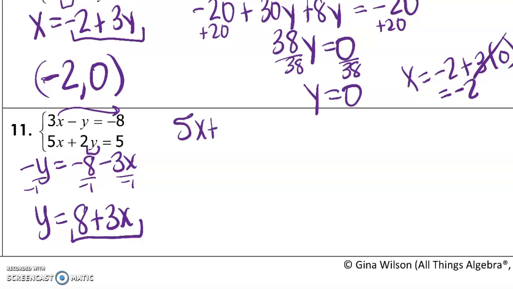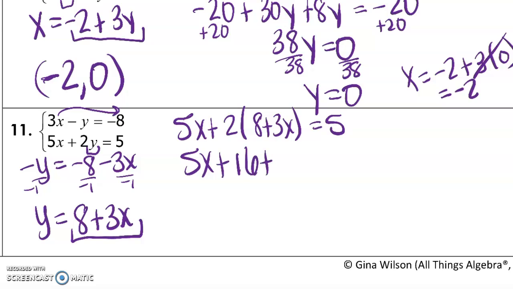So 5x plus 2 parentheses 8 plus 3x is equal to 5. So distribute: 5x plus 16 plus 6x equals 5. Combine your like terms, that gives you 11x. Subtract 16, that gives you negative 11.